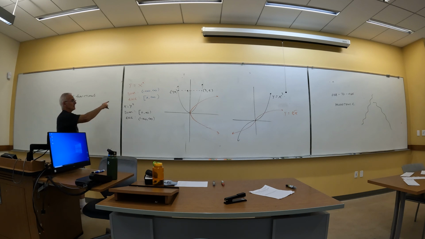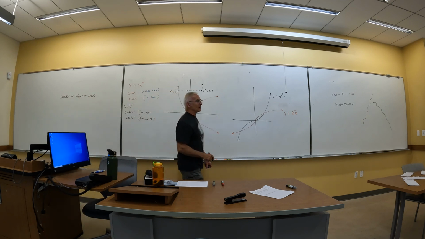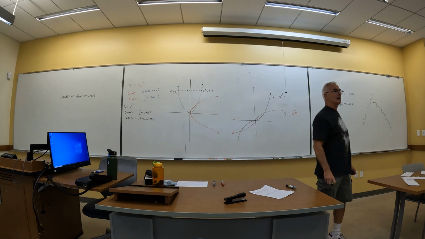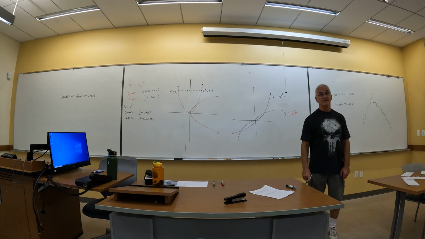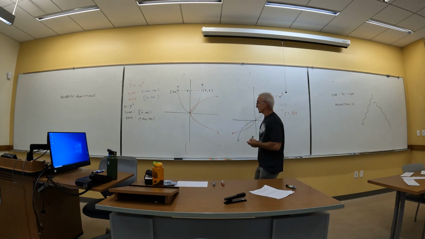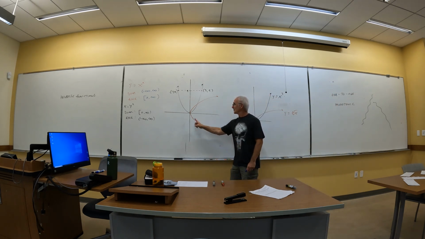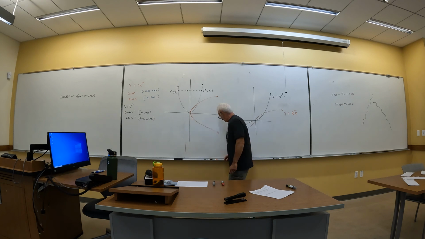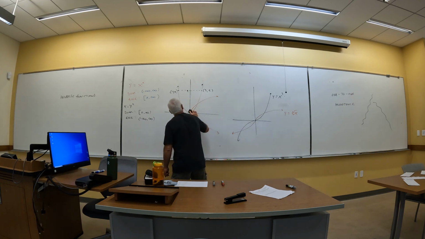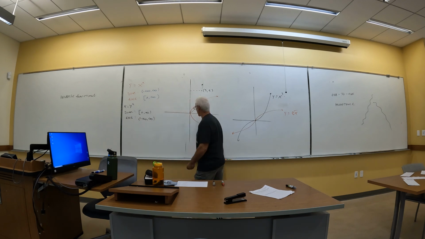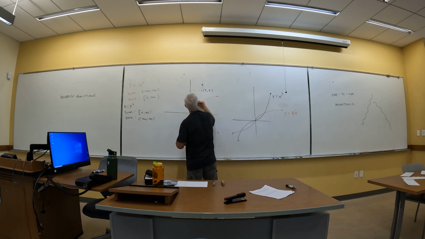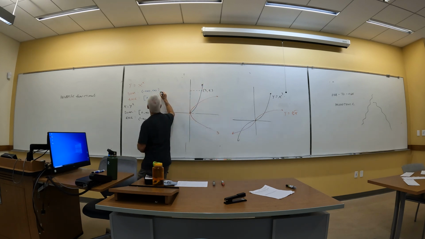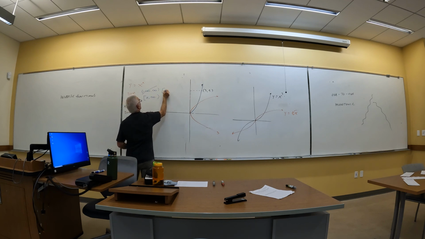Let's go back to here. Y equal x squared is not monotonic, but is maybe half of it monotonic? Which half would you want to use? Maybe everything to the right of the origin? So just for the heck of it, I'm going to erase this, and I'm only going to use this, which means I'm only going to use this.